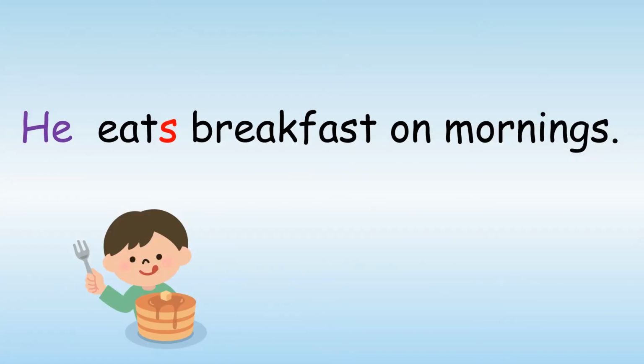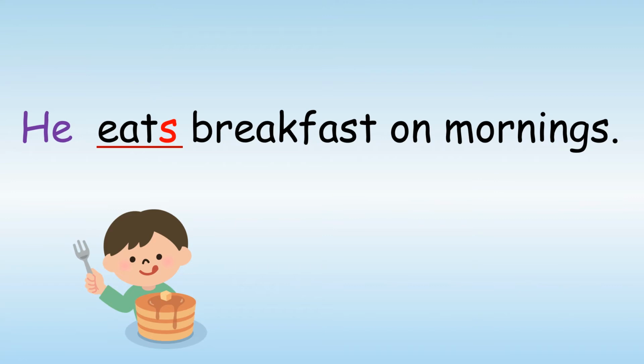So here we have a sentence. He eats breakfast on mornings. So we are not saying I or you. Remember we said I eat, you eat. But this sentence is different. And how is it different? Let us look at the verb. The verb ends in the letter S, right?